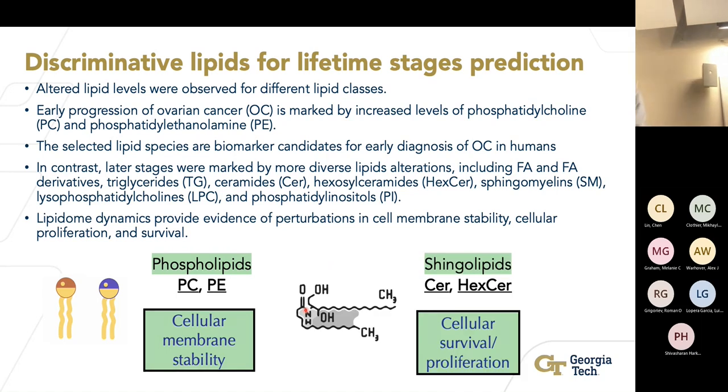On the other hand, at the early stages, we're seeing ceramides and hexosylceramides actually spiking up, and that's evidence of cellular survival and cellular proliferation. But in all, our study was able to show evidence of perturbations in cell membrane stability, cellular proliferation, and of course, cellular survival.